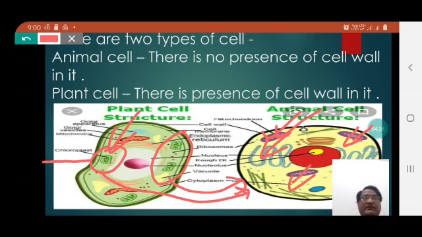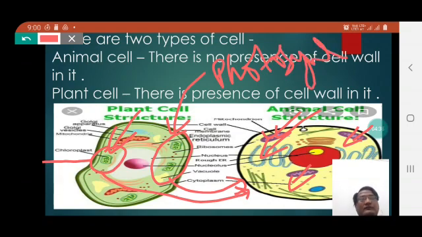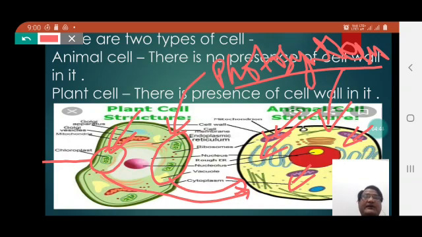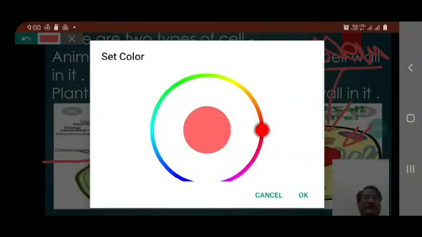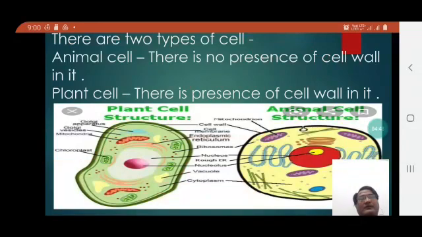So students, here in the chloroplast only photosynthesis takes place, but the same photosynthesis does not take place in the animal cell. So that is why the chloroplast remains absent in the animal cell.